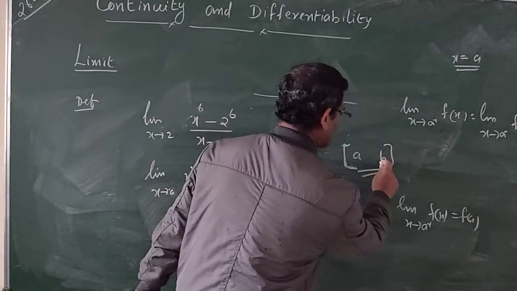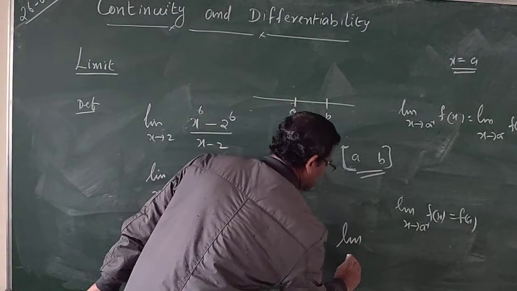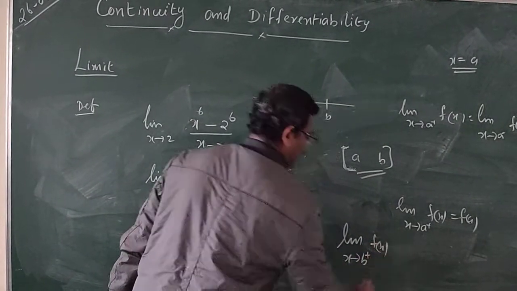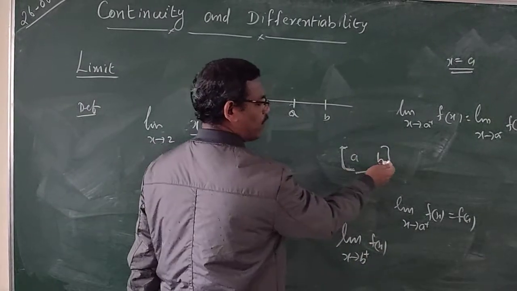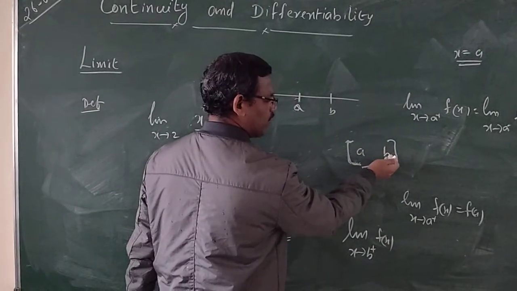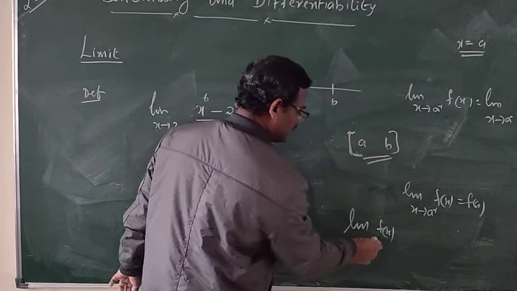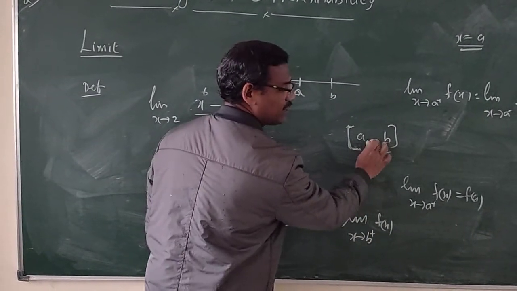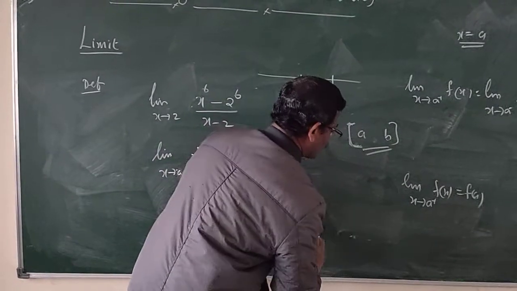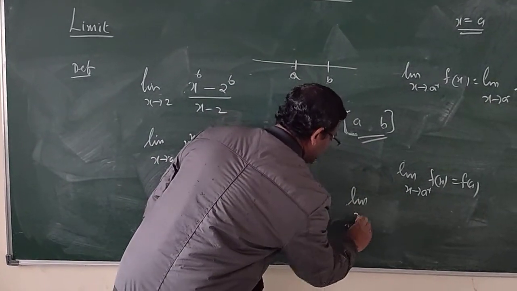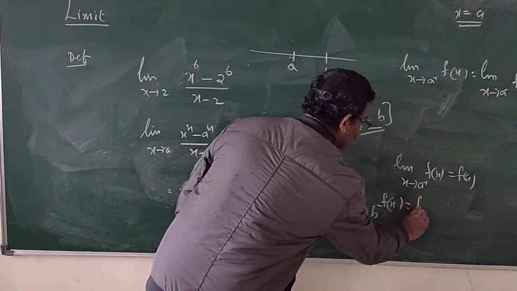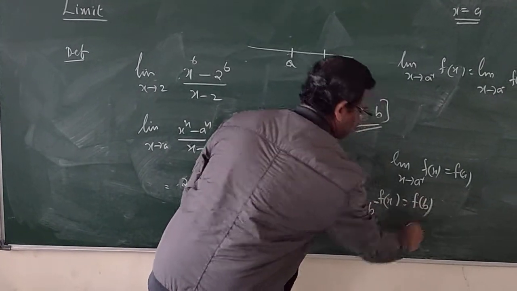The same way, when you take limit x tends to b plus f of x, b plus is not a point of this interval. So if you want to check the continuity at b, then this b plus need not be checked because it does not lie in this interval. So there what we have to do is limit x tends to b minus f of x is equal to f of b.